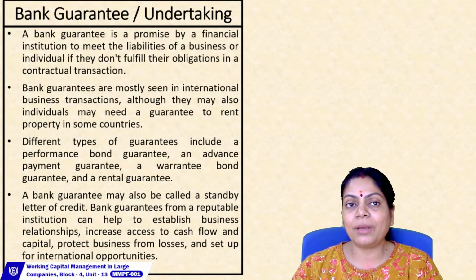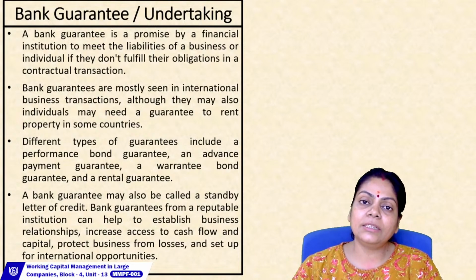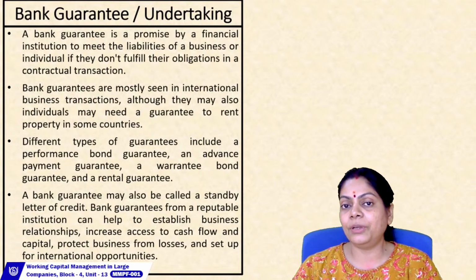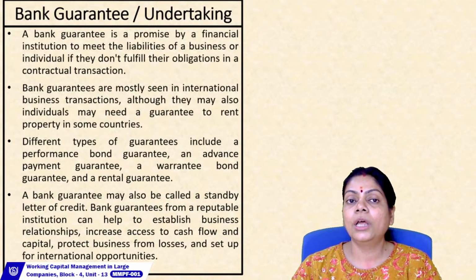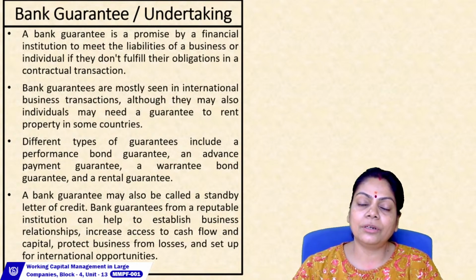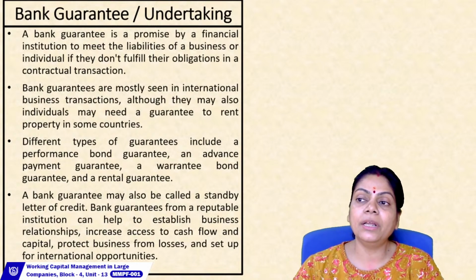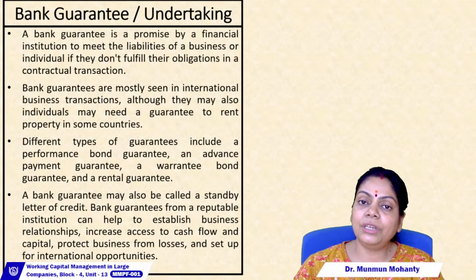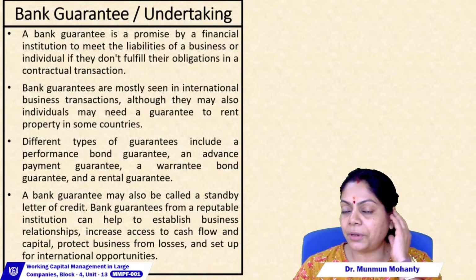For example, if I'm asking for a loan and the bank is asking for a guarantor, it means that if I default on my loan, the interest payment and principal repayment, then they will catch hold of the guarantor and probably try to recover things from him.